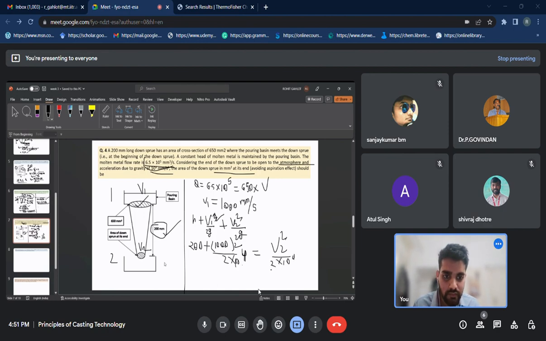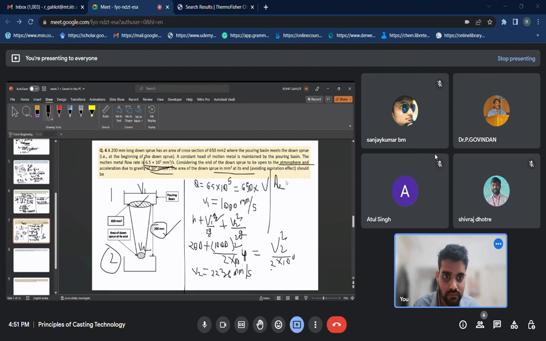It is given in the question to take g as 9.81. So I equate it to v2 square by 2g. If I solve this, I get v2 as around 2236 mm per second.